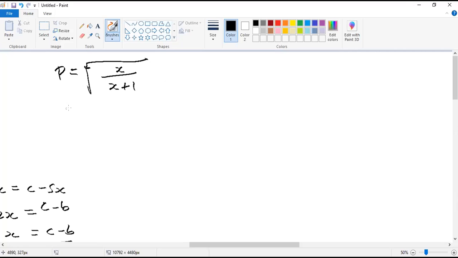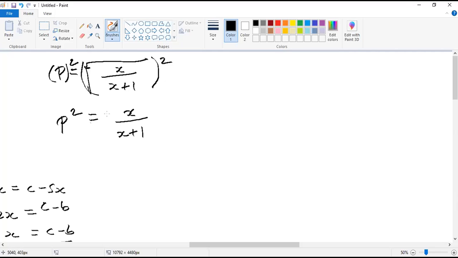So here we take the square of both sides. Now I have p squared. The square root gets removed, so I have x over x plus 1.